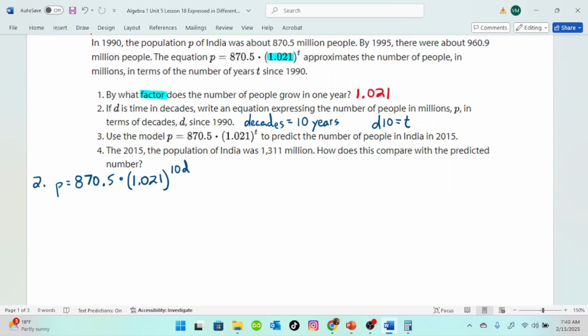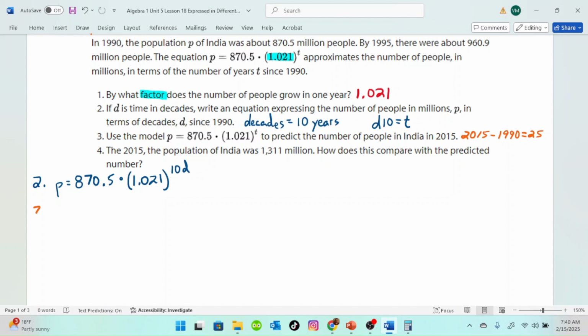Number 3, use the model that we originally had where the input is the time in years. And they want us to predict the number of people in India in 2015. So if I want 2015, and the model was created for 1990, then that is a total difference of 25 years.